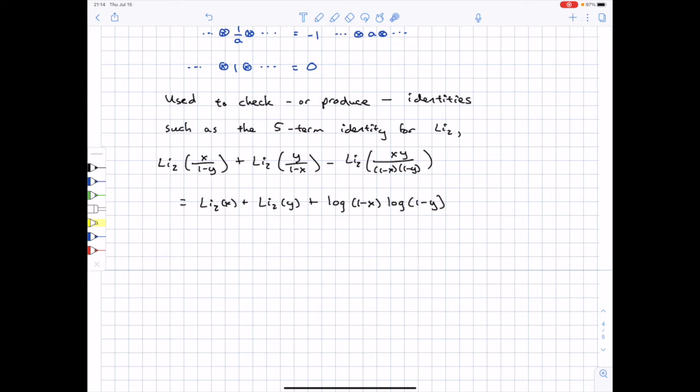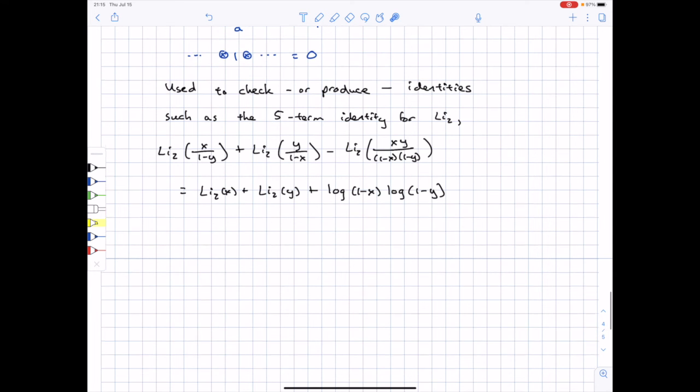Now, notice I've called it a 5-term identity, and I've written 6 terms. It is known as the 5-term identity, and it has a few different presentations in the literature. If you define the dilogarithm slightly differently, you will get exactly 5 terms. But notice, we still have 5 terms that are the dilogarithm, and then this extra term, that's log times log.